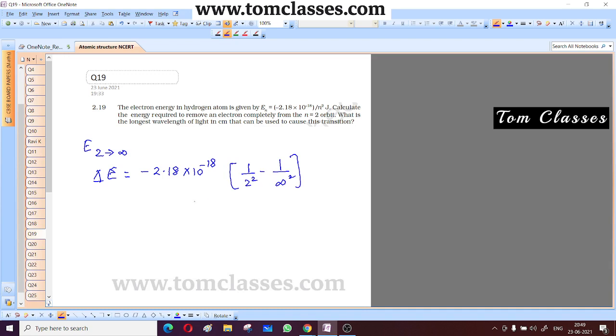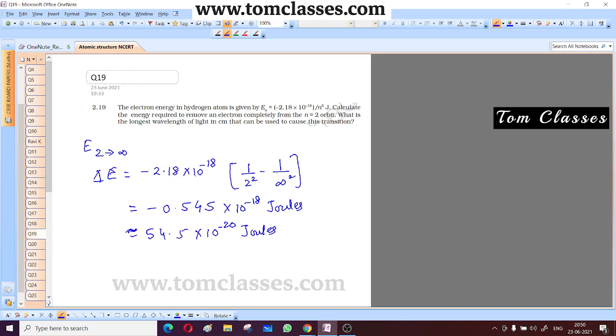That is 1 by 4 now, so 0.545 into 10 to power minus 18 joules, or 54.5 into 10 to power minus 20 joules. Approximately that much energy is needed to completely remove an electron.